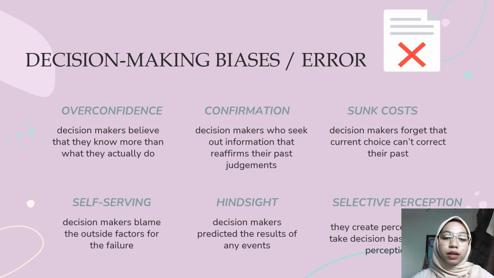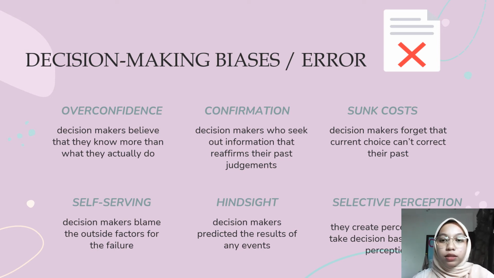The decision-making bias and error consist of overconfidence, confirmation, sunk cost, self-serving, hindsight, and selective perception. Overconfident is when decision makers believe that they know more than what they actually do. Confirmation is when decision makers seek out information that reaffirms their past judgment.